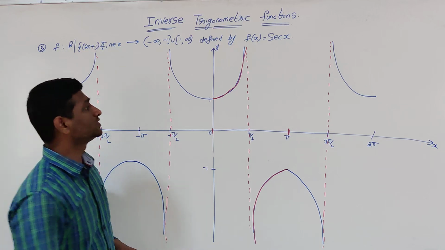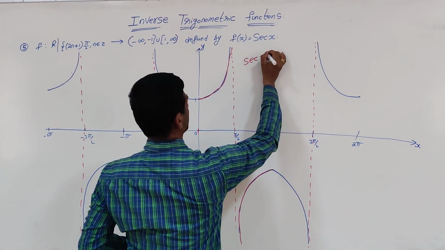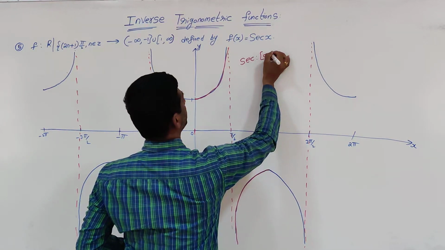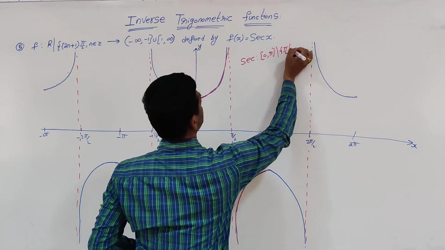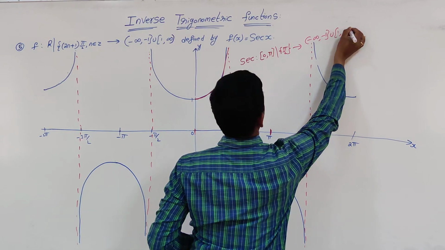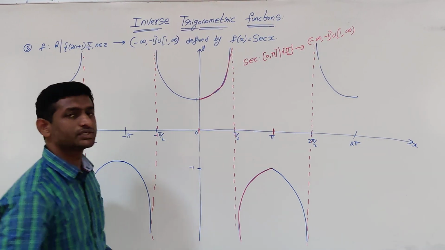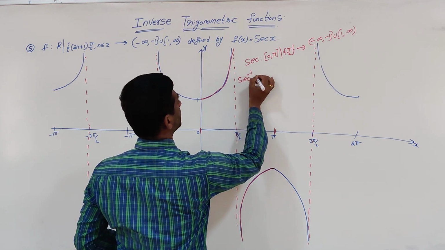If it is bijective, then secant is a function from the closed interval 0 comma pi except pi by 2 to minus infinity comma minus 1 union 1 comma infinity, and it is a bijection. If this is a bijection, then secant inverse is a function from where to where?